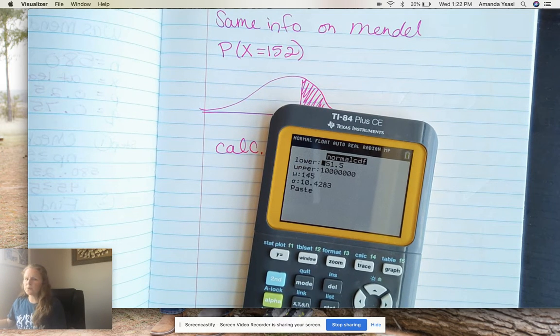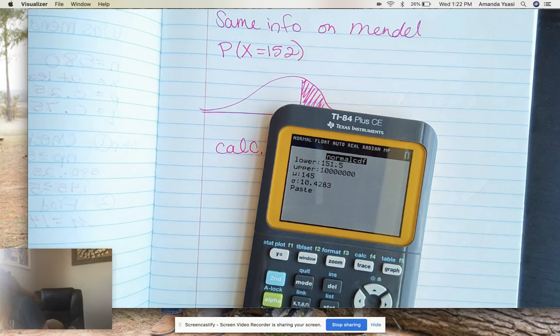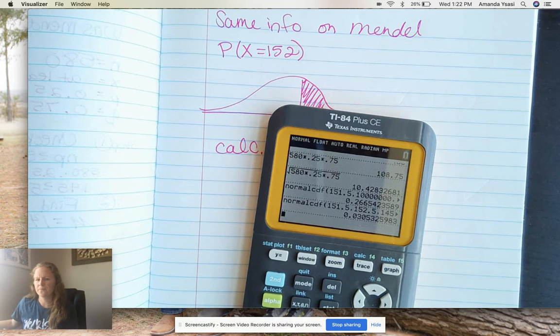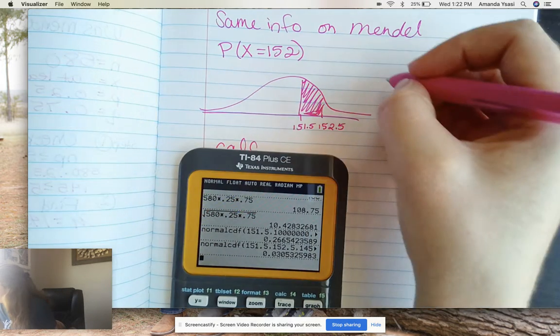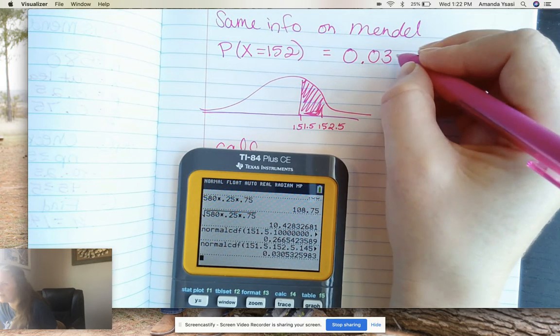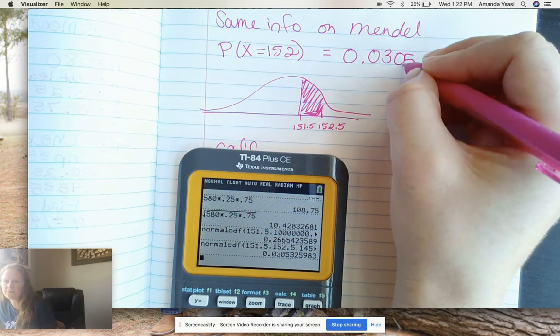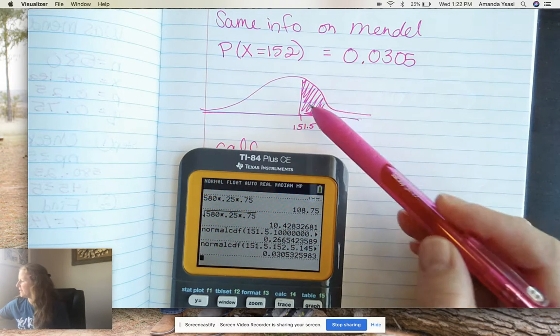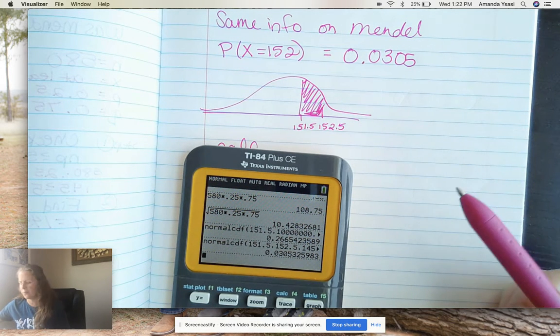My lower is 151.5 and my upper is going to be 152.5. And then the same thing on standard deviation and the mean. So that probability equals 0.0305. Okay, so the probability of getting exactly that is about a 3% chance.